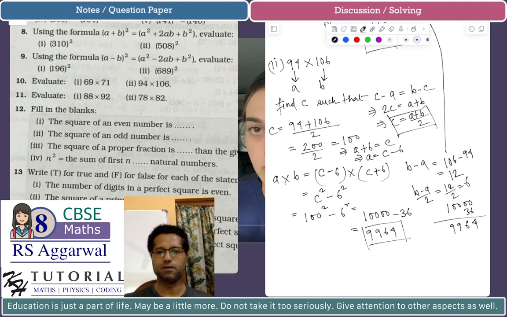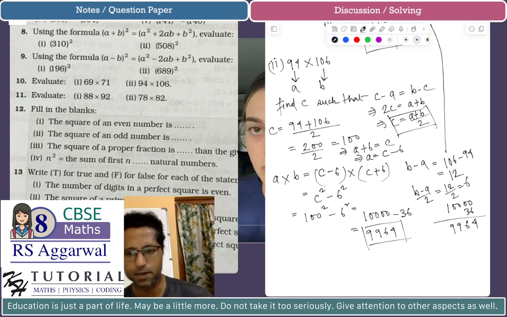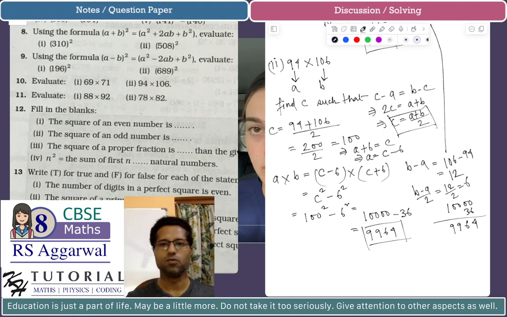Where is 6 coming from? 6 is (B minus A) by 2. So the result will be C minus 6 multiplied by C plus 6, which is C square minus 6 square, so we have 100 square minus 6 square, which is 9964.